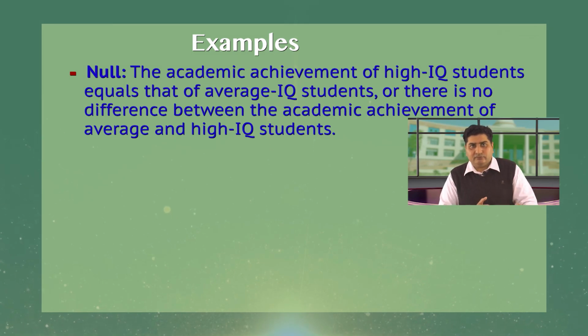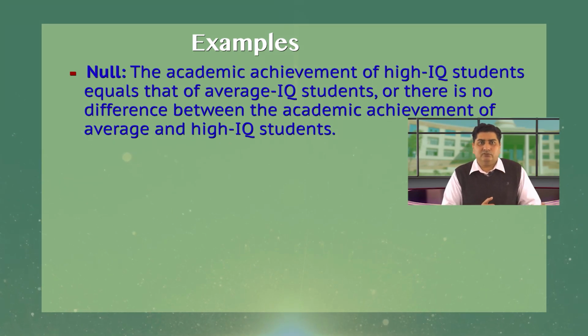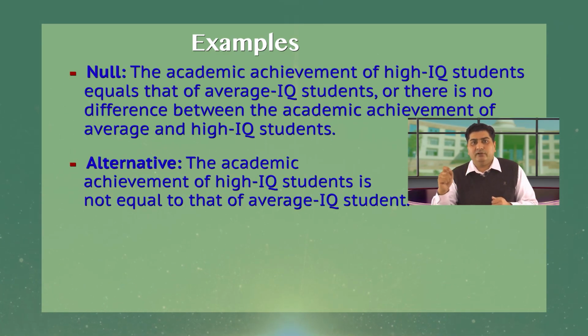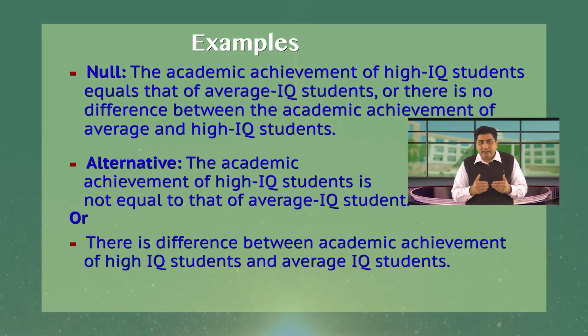In this case of null hypothesis, my alternative hypothesis would be the academic achievement of high IQ students is not equal to that of average IQ students. Or I can say there is a difference between academic achievement of high IQ students and average IQ students. And notice that this alternative hypothesis is non-directional.